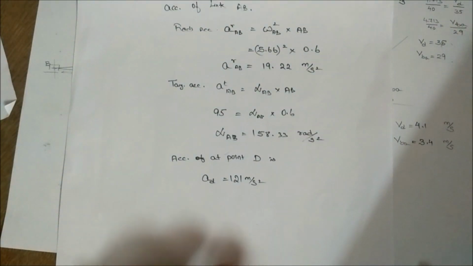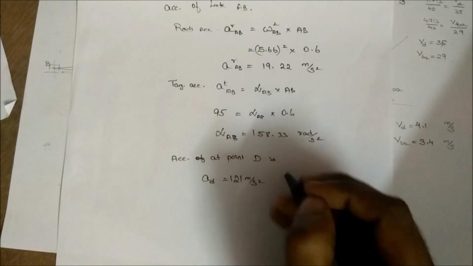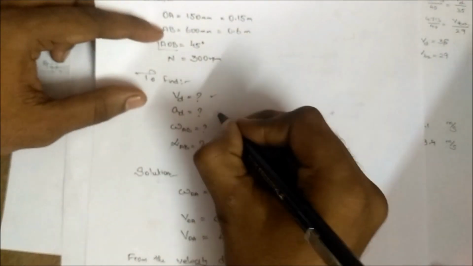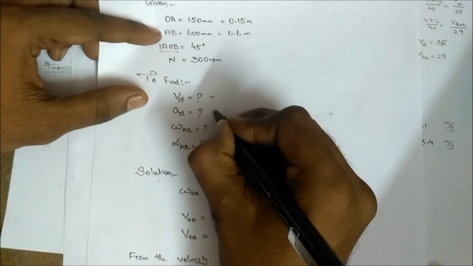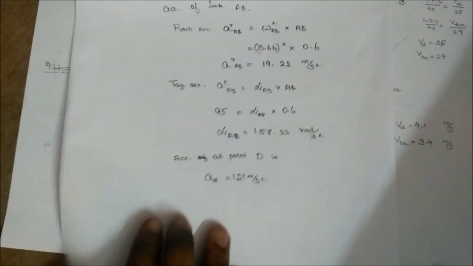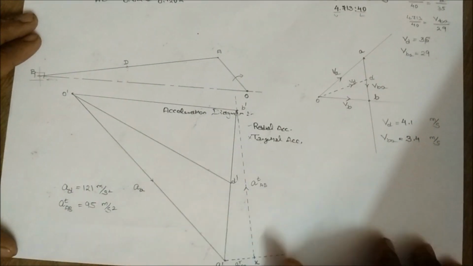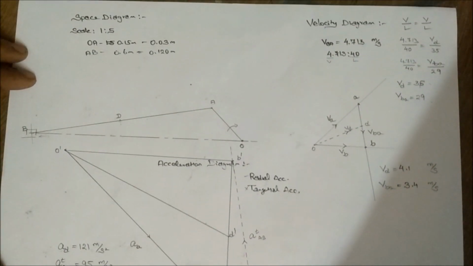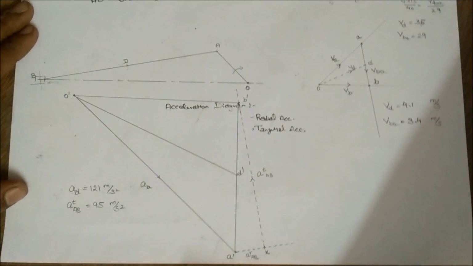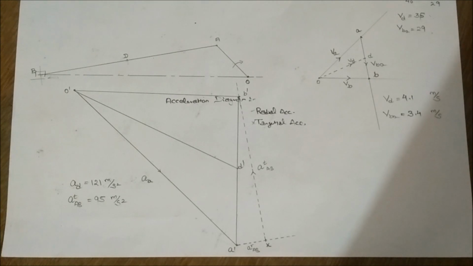So this is how we need to solve the problem. We have found out all the values, AD and alpha AB. So this is what the velocity and acceleration diagram is, which is used to find out the velocity and acceleration of all the links. Thank you.